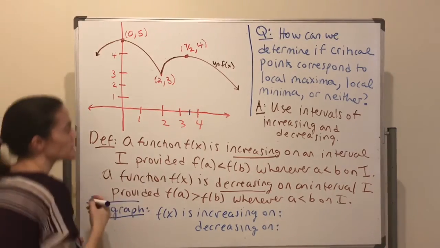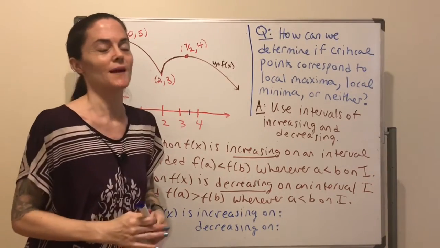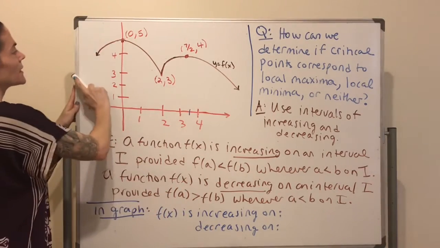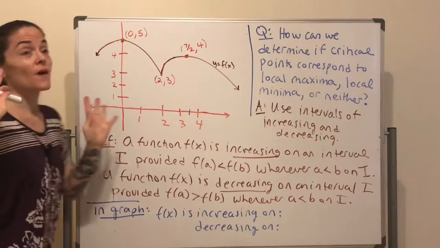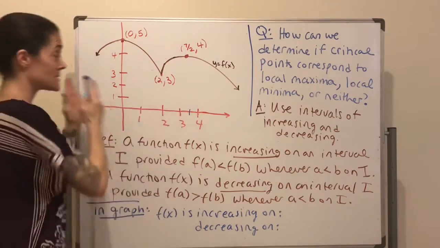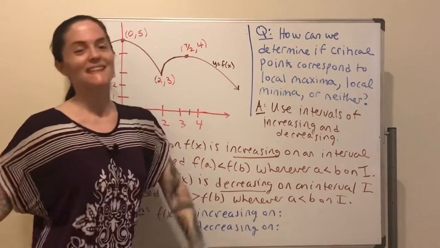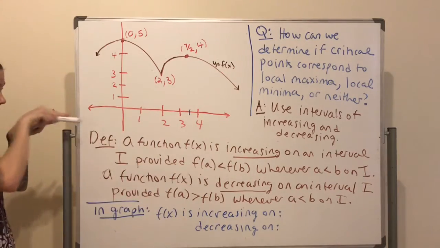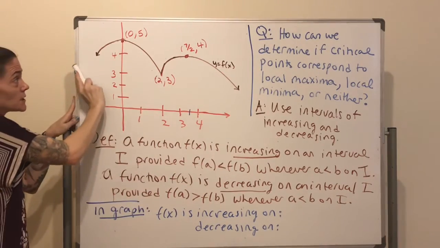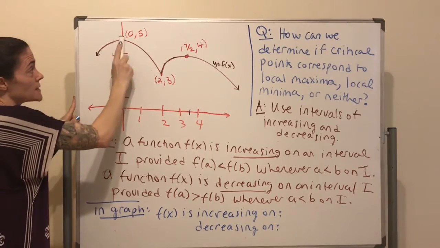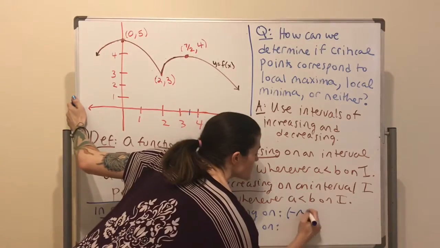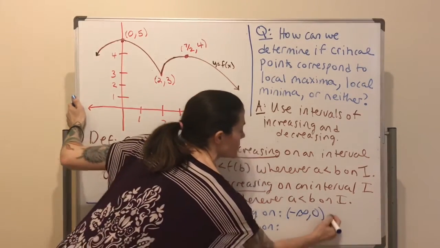Okay. So let's look at the picture and then we will talk about the calculus side of increasing and decreasing. First of all, we read functions left to right, just like you read words on a page. So you start coming in this way. The function is increasing up to 0, so minus infinity to 0.